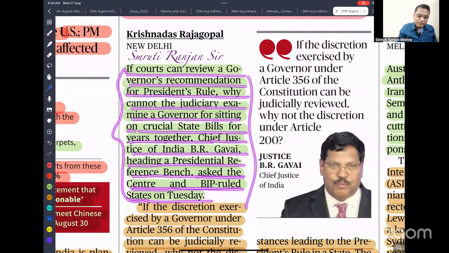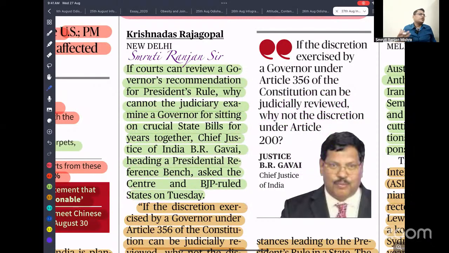The presidential reference is found in Article 143 of the Indian Constitution, where the president can make a reference to the Supreme Court if they want clarification on a constitutional provision, and that reference needs to be heard by a minimum 5-judge bench. Recently this case has been going on.